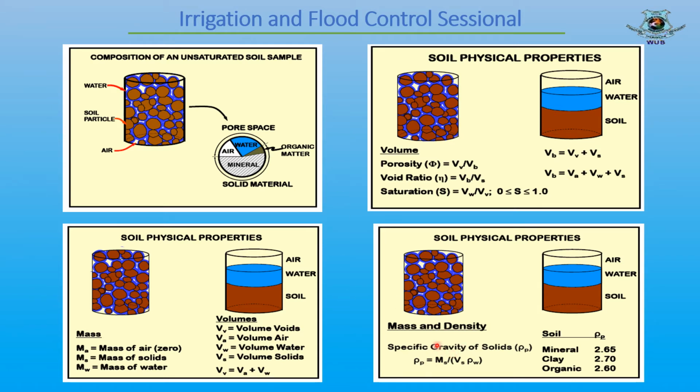Mass and density. Specific gravity of solids equal to mass of solids divided by mass of water of the same volume. As we know, specific gravity is the ratio between the mass of particles and the mass of water of the same volume. So if we multiply the density of water with the volume of solids, we will get the mass of water with the same volume as the solids.